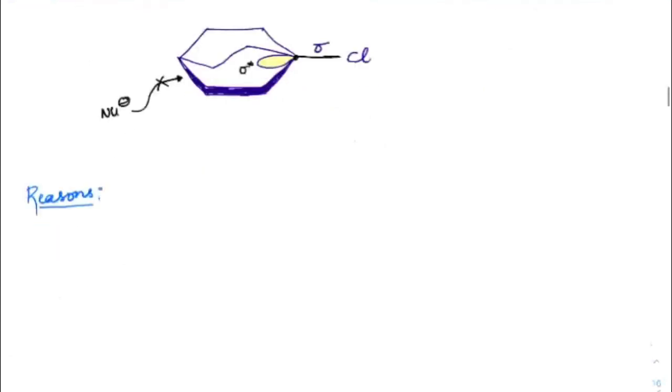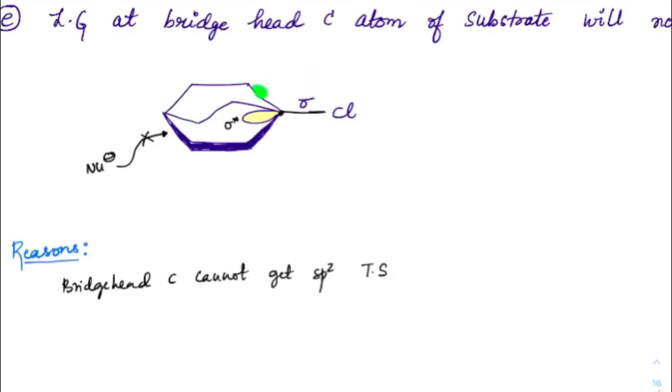So therefore, I'm writing the reason here, right? Bridgehead carbon cannot get an sp2 transition state because it has to break this bond here. It is already under a lot of bond strain. You can see angle strain is there.